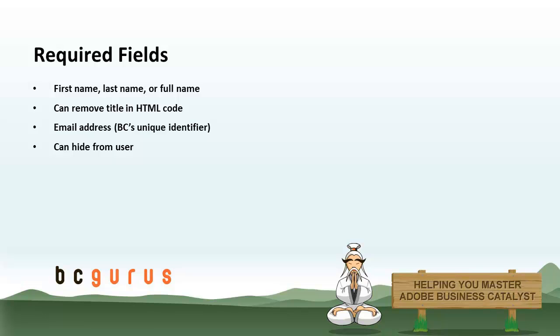But for the required fields, the reason they're required is BC actually links all this information together and integrates it with lots of different parts of the system, whether it's assigning the owner of a web app item or determining who's registered for an event or who's on the email marketing list and lots of different things. It uses the contact record to identify the end user.